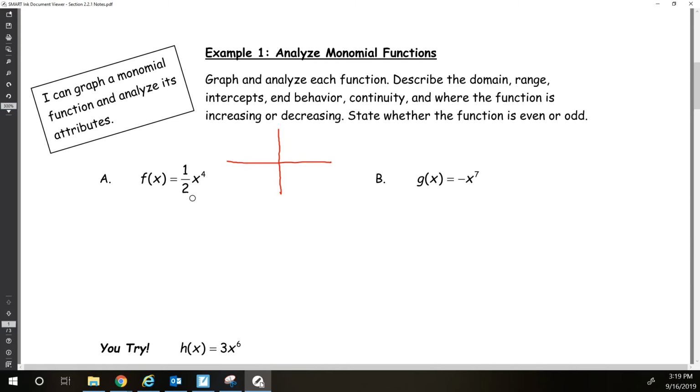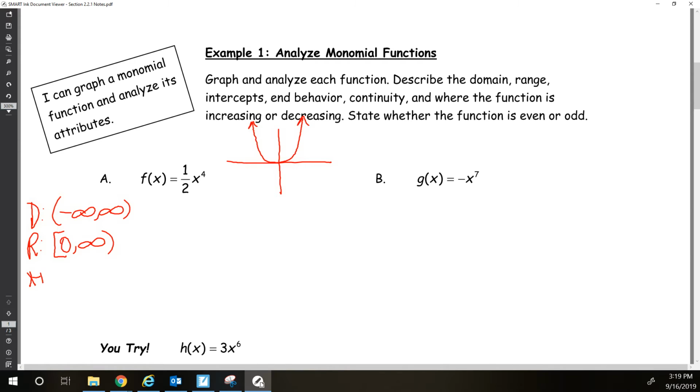So x to the 4th with a positive leading coefficient is going to be a parabola shape in its nature. It's going to go through 0, 0. So this guy is going to have a domain of negative infinity to positive infinity, right? But the range is from what to what? What's your lowest y value? 0 up to positive infinity.